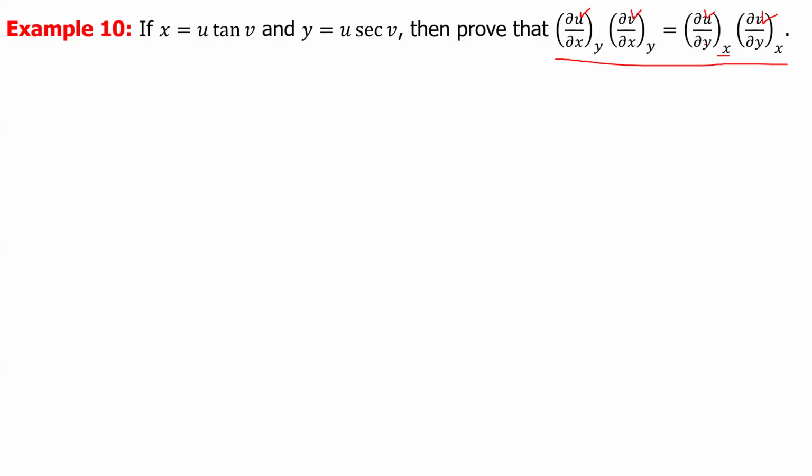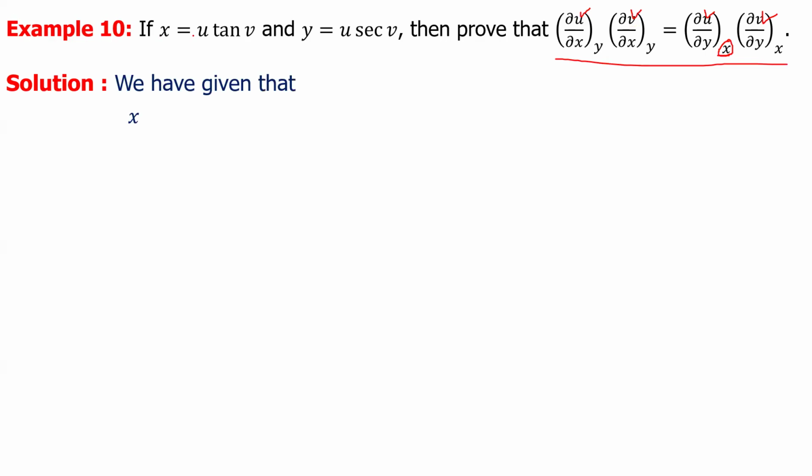So now here, if we are taking del u del y, what it means is x is treated as constant. So this is not the extra notation. Here we are using notation y because there are four different variables. So let us try to prove this result.